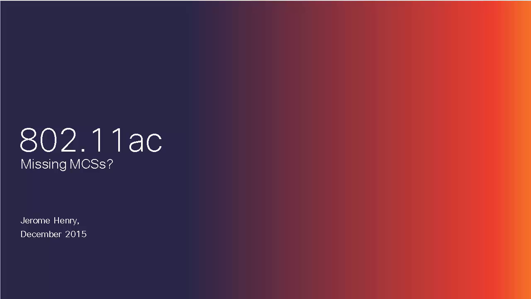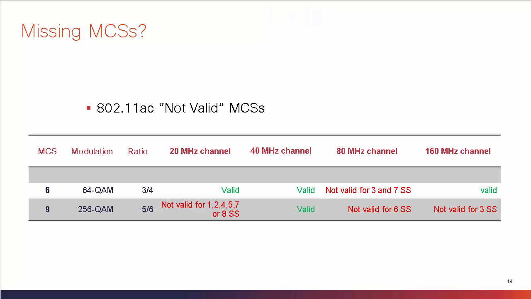If you have no idea about BPSK, QPSK, and QAM, you may want to look at other videos or resources before coming back to this video. To understand why these MCSs were labeled as not valid, we need to look a little deeper into the transmission mechanism of 802.11, and this, beyond the 802.11ac protocol, may help you understand more in depth how we send signals and bits in 802.11.